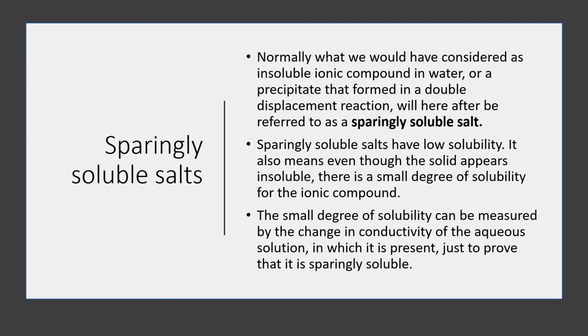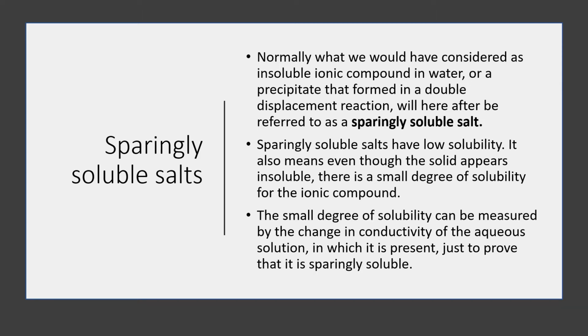Sparingly soluble salts. Normally, what we would have considered as insoluble ionic compounds in water, or the precipitate that forms in a double displacement reaction, will hereafter be referred to as a sparingly soluble salt. Sparingly soluble salts have low solubility.